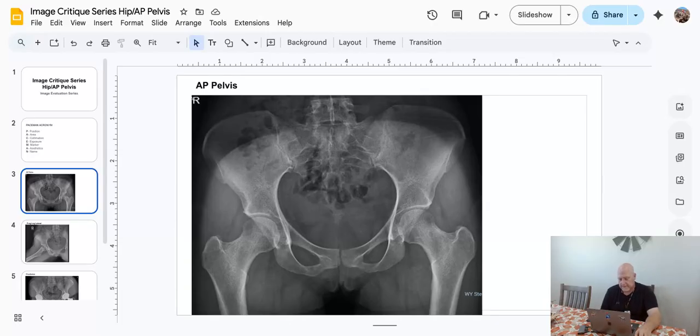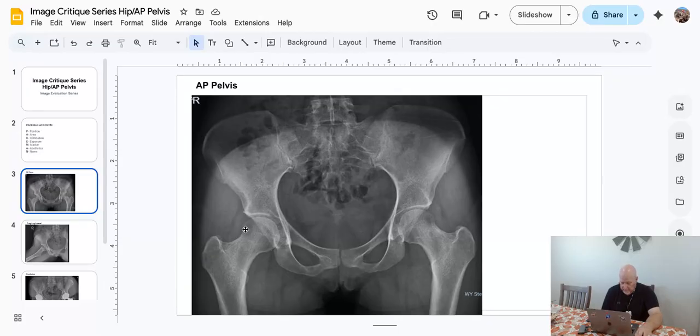Okay, we've got both SI joints demonstrated. Okay, that's where the sacrum actually connects or articulates with the ilium right here. We've included the hip bones, right, or the superior femur, right.